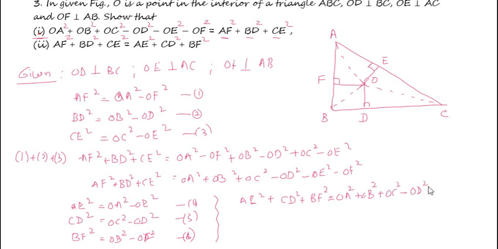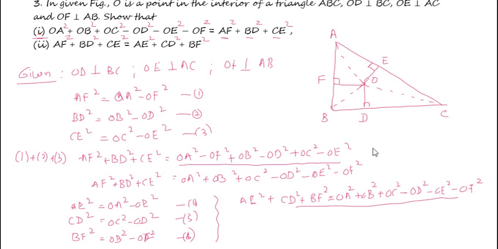But this is the same as this. So the left side, AF square plus BD square plus CE square, is equal to AE square plus CD square plus BF square.